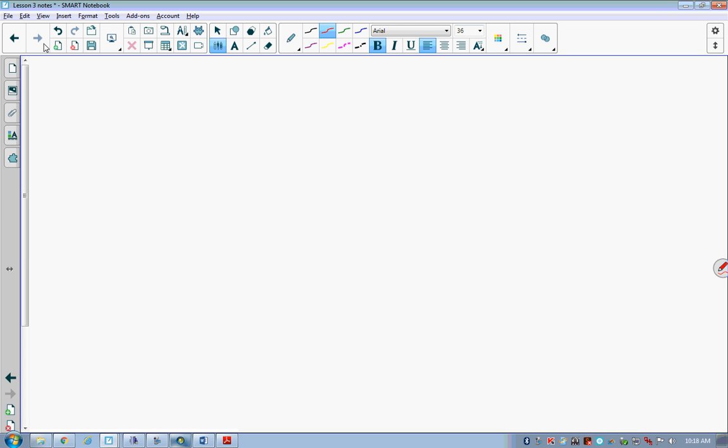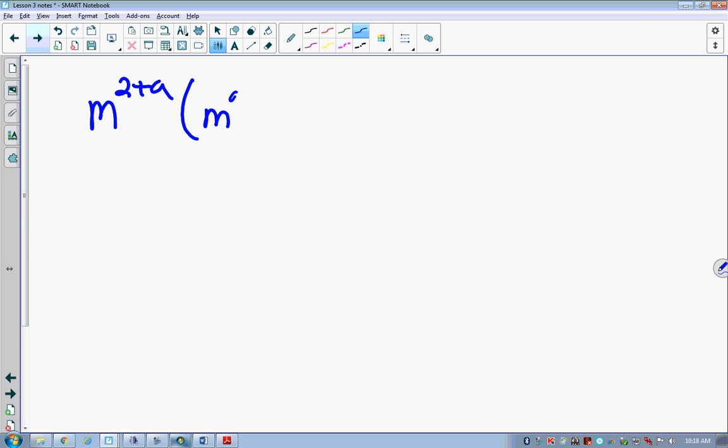All right, so let's look at just the very first one. No substitution, it is just algebraic. It gives me (m to the 2 plus a times m to the a n to the 3a) over m squared n to the 2a.